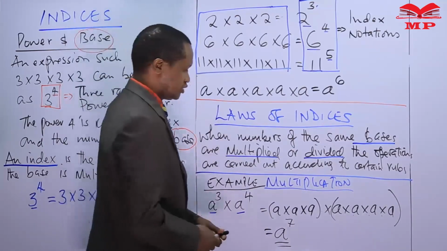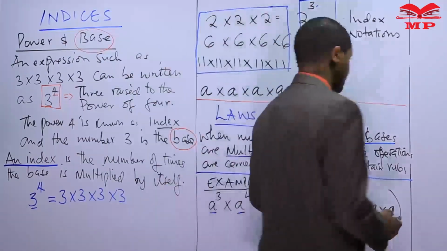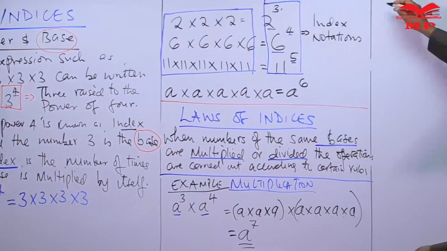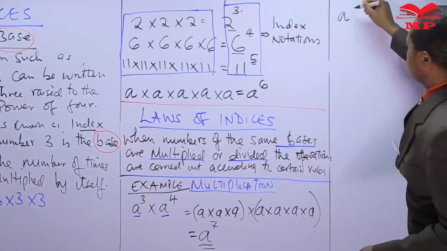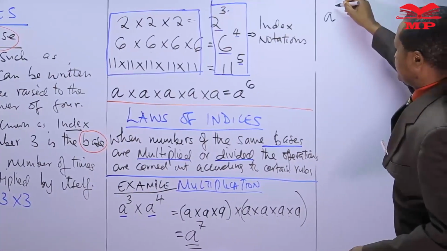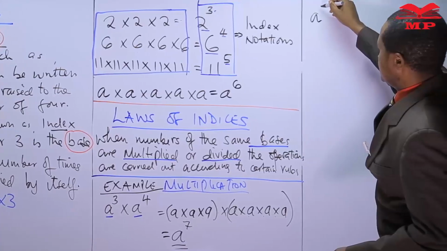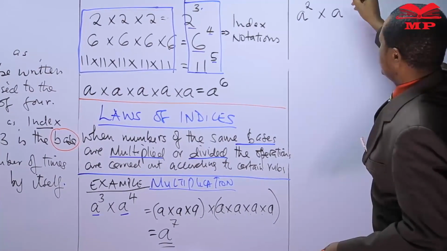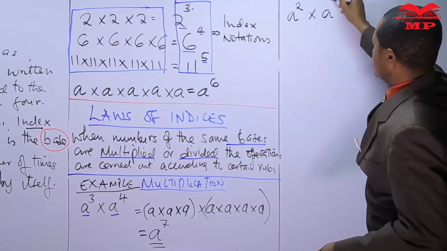In the same manner, you may have another expression, multiplication of, say, A to the power of 2 times A to the power of 3.